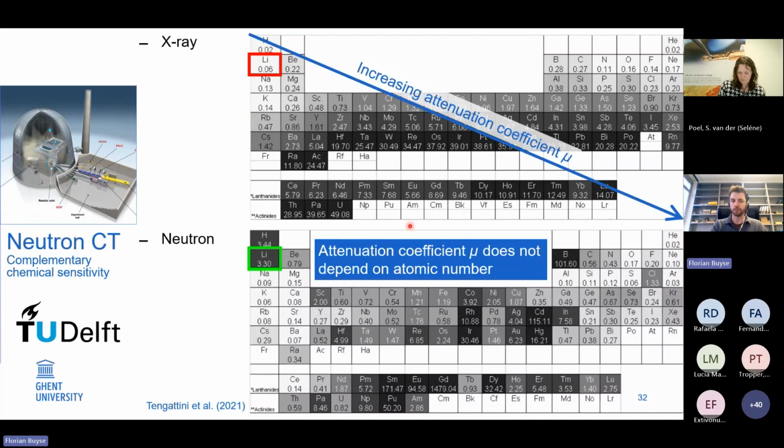To compare, what we can see with neutron compared to X-rays is that the attenuation coefficient using neutrons does not directly depend on atomic number, but is more diverse. So in this case, it was of interest since the presence of lithium has a high influence on the image. This is what I wanted to test out as well together with TU Delft.